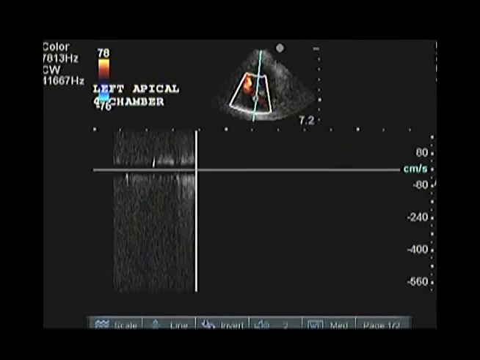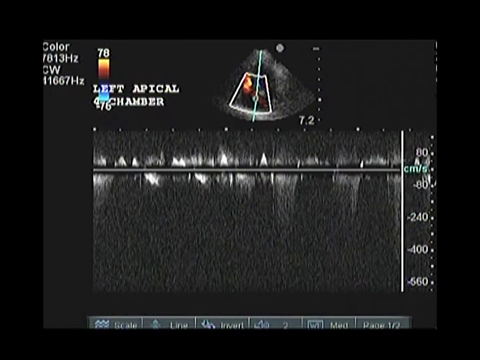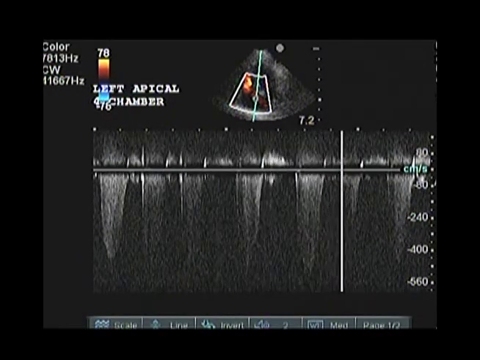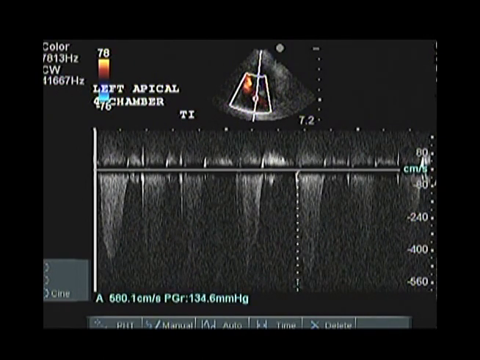Pressure gradient at the tricuspid valve is 127 millimeters of mercury, indicating that the right ventricle is generating a pressure of at least 127 millimeters of mercury. In the absence of pulmonary stenosis, pressure in the pulmonary artery will be slightly less than the pressure in the right ventricle.